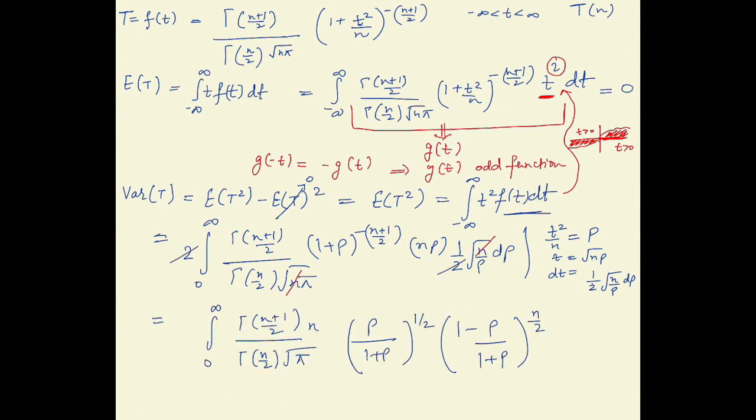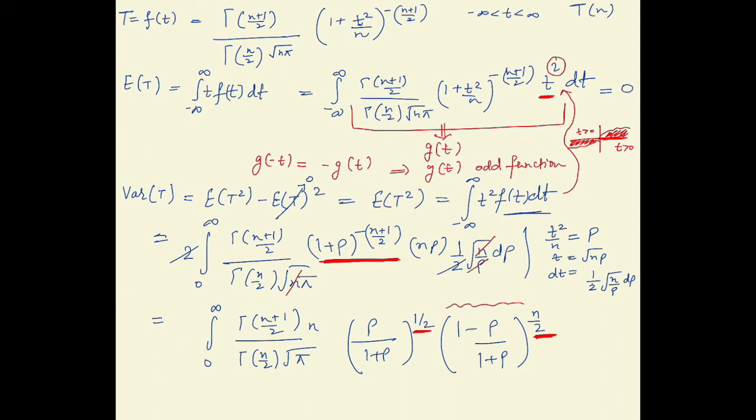So here we could cancel root n with root n and this 2 with 2, and we would split this 1 plus p into two parts. So this is 1 upon 1 plus p raised to n plus 1 by 2. So 1 upon 1 plus p raised to power 1 by 2 is divided here, and 1 upon 1 plus p raised to power n by 2 is divided here. And we just write 1 upon 1 plus p raised to power n by 2 in this form. And you'll just realize why we are doing this.